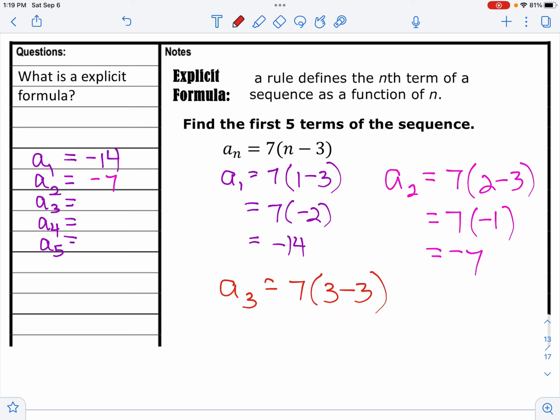Well, that's 0. 7 times 0, 0. Okay, a sub, I suppose maybe I'll switch color like I have been doing. I'm going to put a 4 in for n, so that would be 7 times 4 minus 3. 4 minus 3 is 1. 7 times 1 is 7, right?